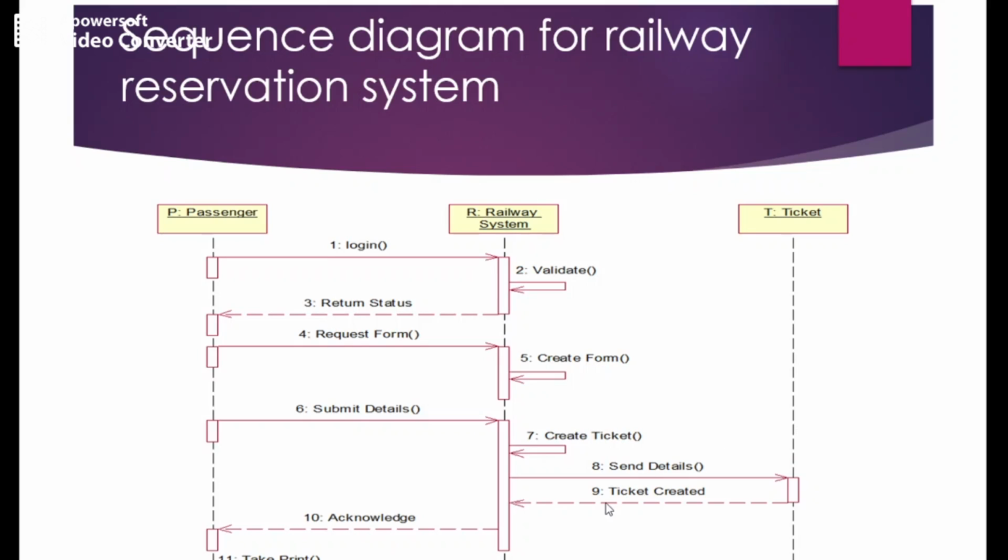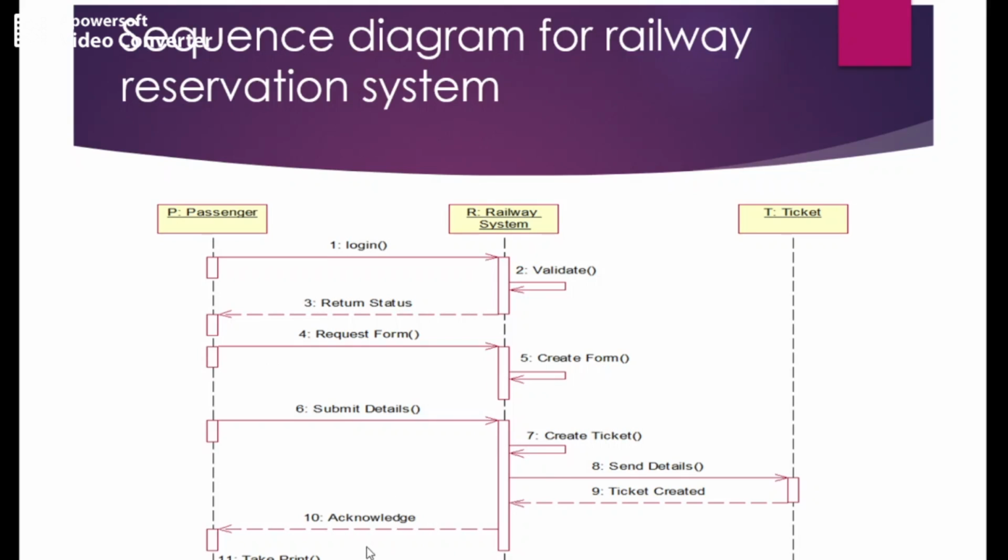So first the Railway System should send all the details of that passenger to the Ticket class, and then the Ticket class will create the ticket for that passenger. Once the ticket has been created, it should be acknowledged to the passenger, or some confirmation should be received at the passenger end.